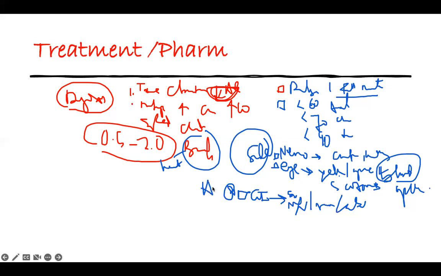So anybody taking digoxin who has nausea, vomiting, anorexia, and abdominal pain needs to call the doctor right away. It's a sign of toxicity. GI symptoms, number 1, are the earliest signs they show, so they need to call the doctor right away.